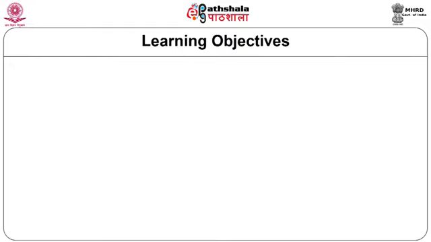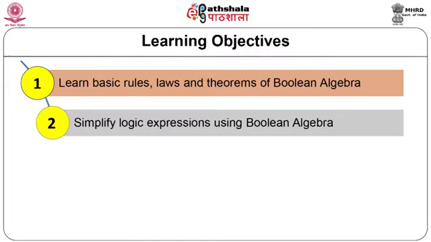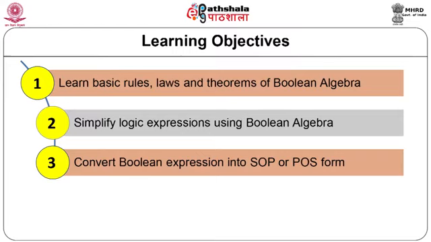Let us now look at the learning objectives of this module. The basic rules, laws and theorems of Boolean algebra are already included in part 1. In addition, we have also studied how to simplify logic expressions using Boolean algebra. We have also discussed what sum of product and product of sum forms are.